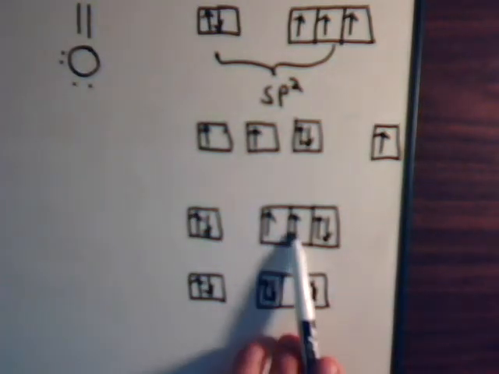It takes some energy to do this, but if it allows us to form an extra chemical bond, then the energy from the bond more than offsets the energy it takes to pair these electrons and force them to occupy a single orbital.